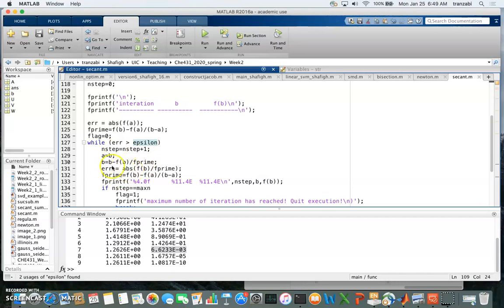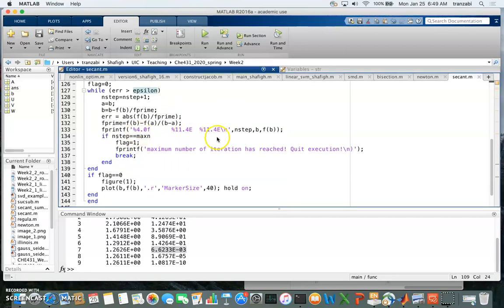So then after doing this, we calculate the error again, which is f of b divided by f prime. Okay, f prime is just the secant, and then we're going to check the error. If the error is bigger than epsilon, we have to iterate, otherwise we're going to stop. We also print the error, number of steps, the b, or the last point that we iterated, and the function evaluated at point b. Scientific form, and then double or float number with decimal digits.